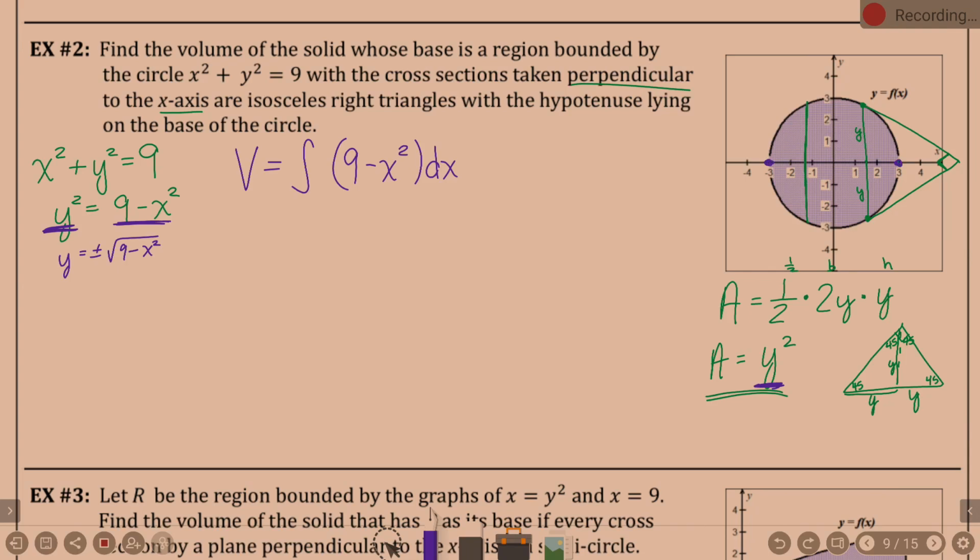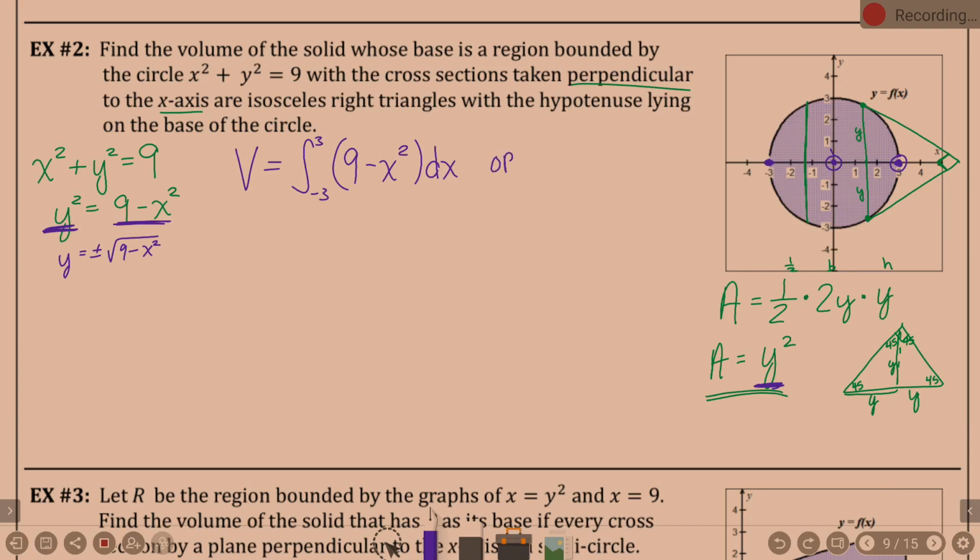Does that make sense? I have an option if you want it. Is this a symmetric base? Yeah, this is a symmetric base. Two halves of the circle are definitely the same. So could you instead say, I want to go 0 to 3 and multiply that by 2? Yeah, you can.